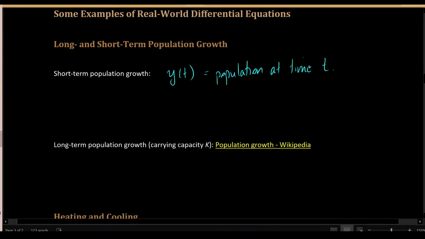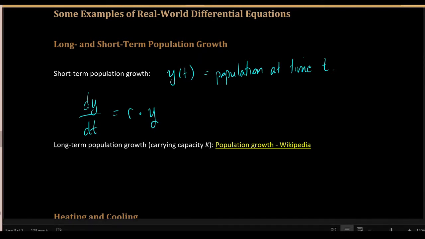In the short term, you can think of the rate of change of population as being proportional to the population itself. When the population is small, when the value of y is small, then there are not many members of that population who are giving birth to new offspring.